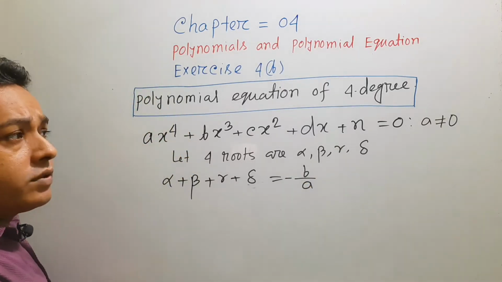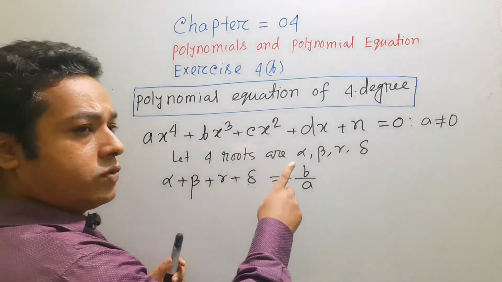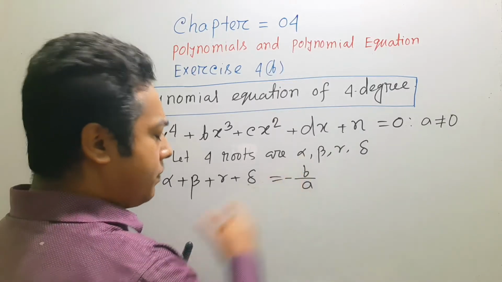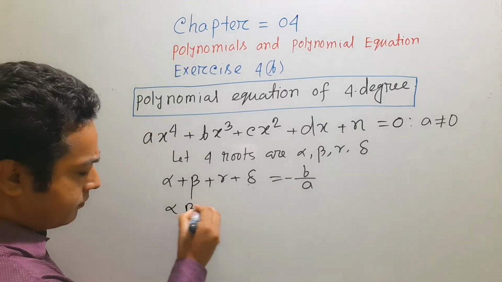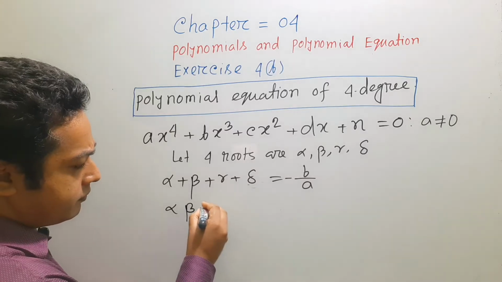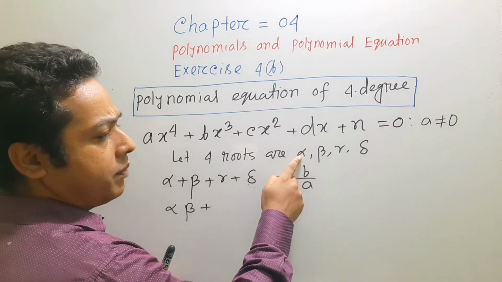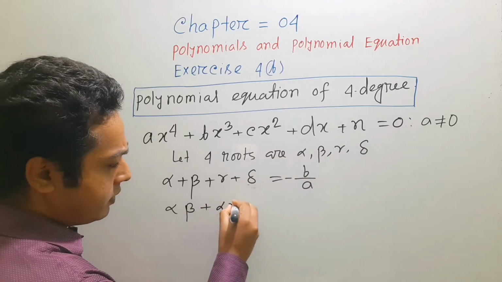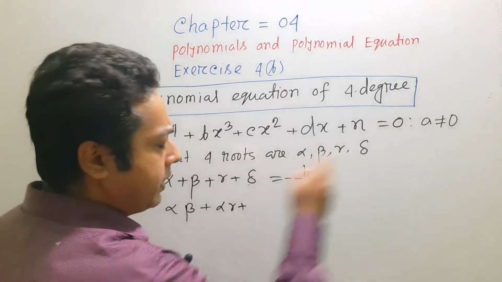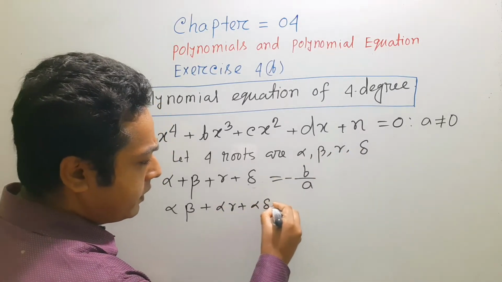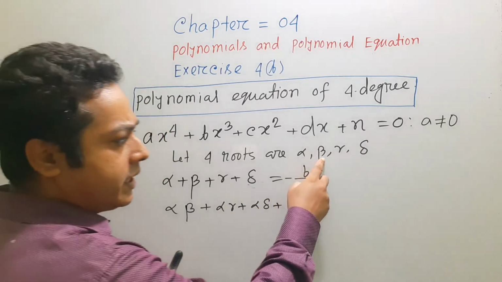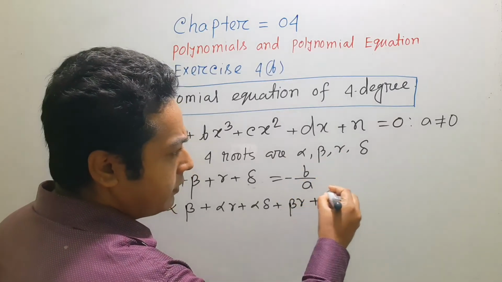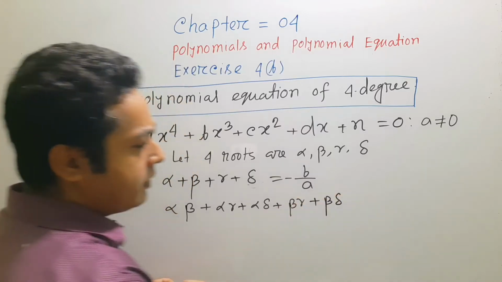Okay, now taking 2 roots. The sum of taking 2 roots: alpha beta, alpha gamma and alpha delta. Then beta gamma and beta delta.